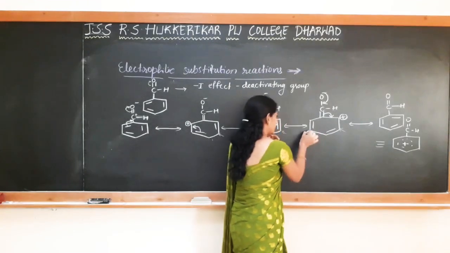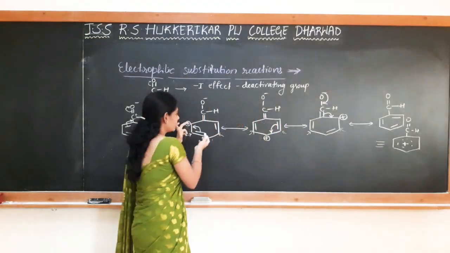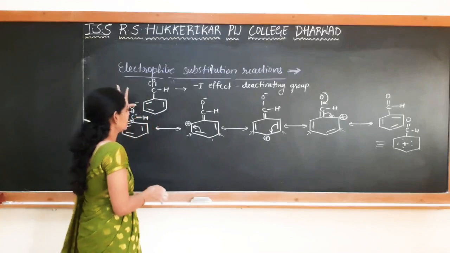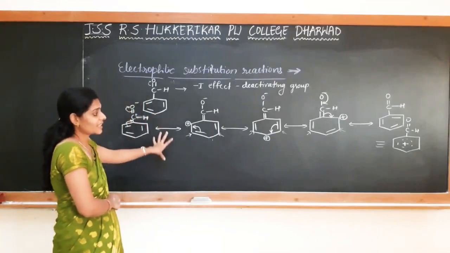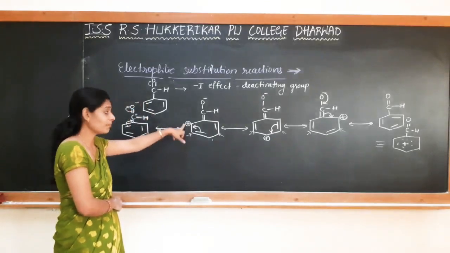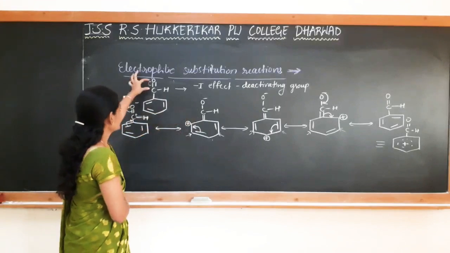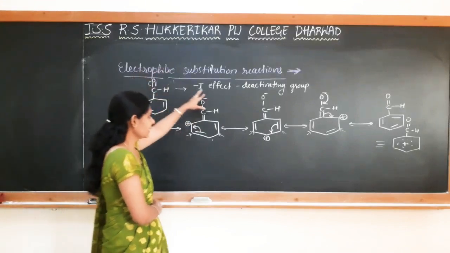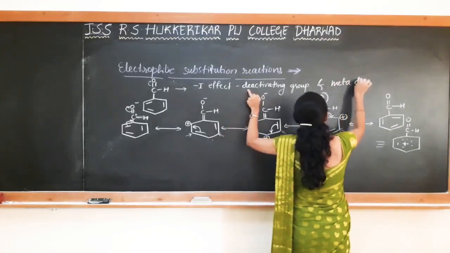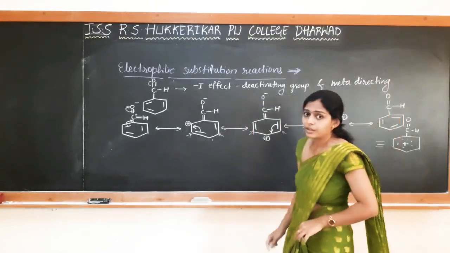That means the meta position has more electron density compared to ortho and para positions. So electrophilic substitution takes place at the meta position. What we can tell is that the aldehyde group is a deactivating and meta-directing group.